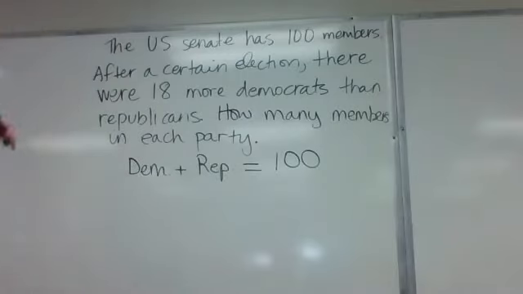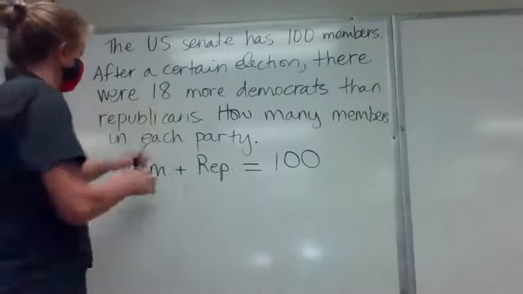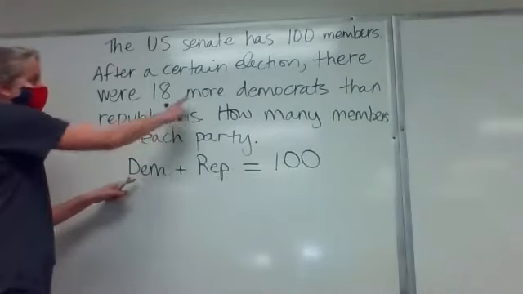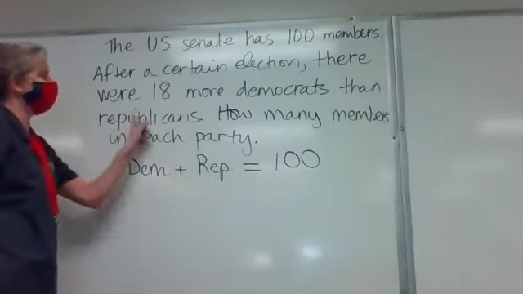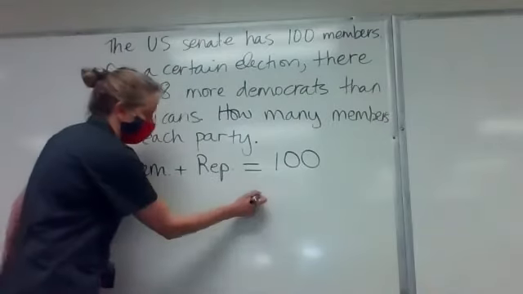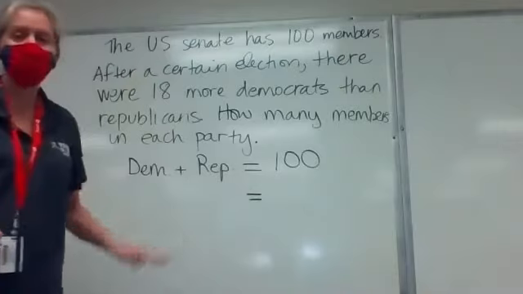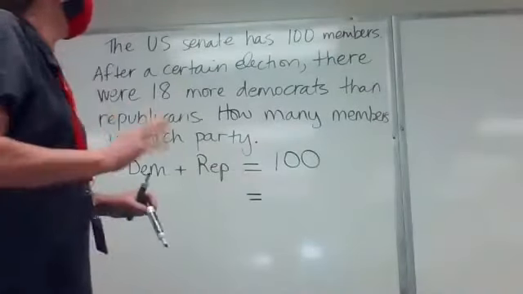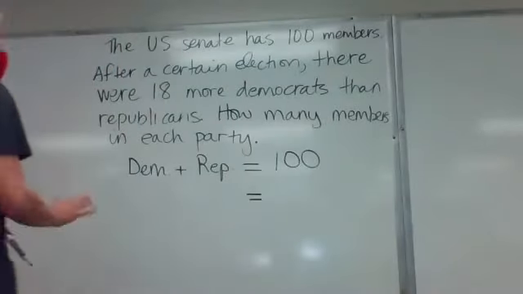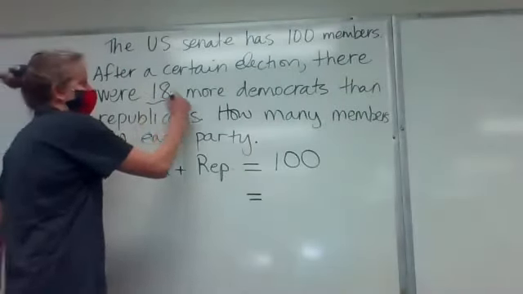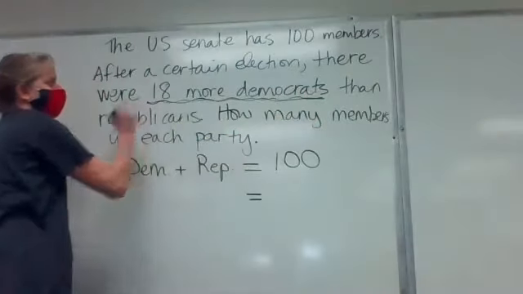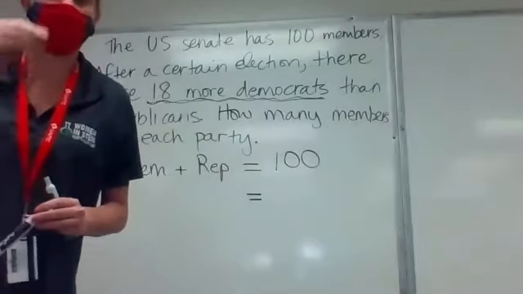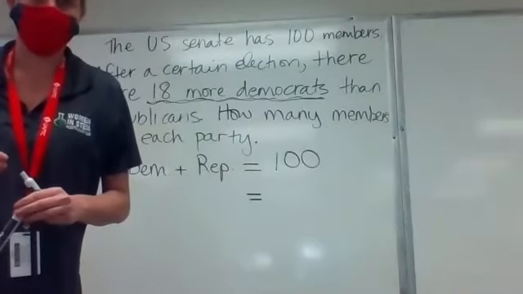Now, what do I know? I know there's 18 more in this category, because those are the Democrats, and there's 18 more than there are in the Republican category. So let's see. I don't know how many are in either one. Okay? The one that I don't know anything about is the Republicans. Once I know how many Republicans there are, that means there will be 18 more Democrats than that number. Right?